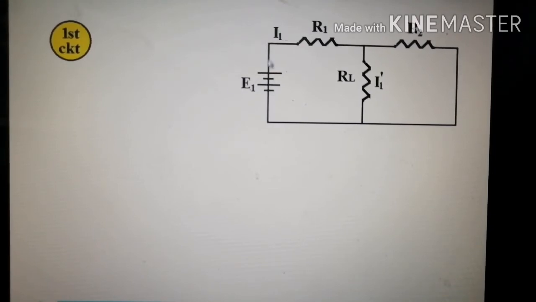Now, what is I1? I1 is the current given by the source E1 to the circuit, and I1 dash is the part of the current I1 which passes through the load resistor. The direction of I1 dash is downward. Okay, see, how can we calculate the value of I1?